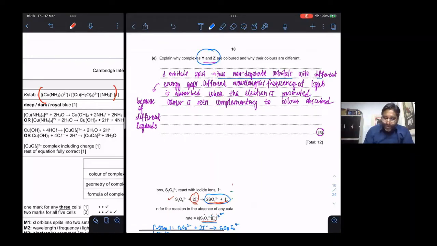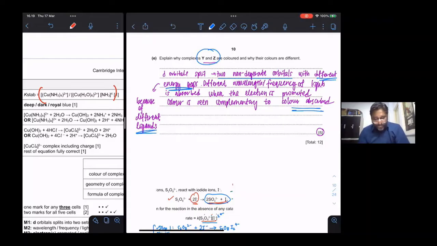So they have different energy gaps because of different ligands. And a different wavelength or frequency of light is going to be absorbed when the electron from the lower energy level is promoted to the higher energy level. So they are going to absorb different energy, and you are going to see a complementary color, based on the color that is being absorbed.